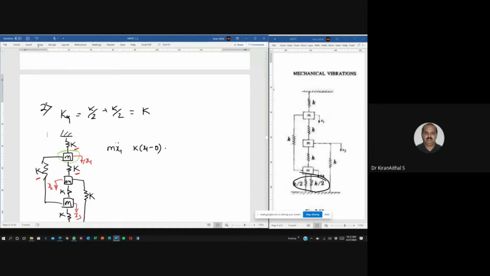That is equal to minus k into x1 minus 0, minus k into x1 minus x2, again minus k into x1 minus x3.